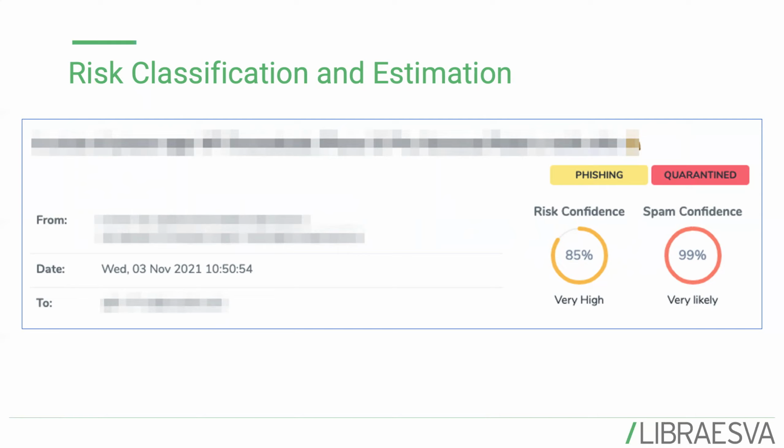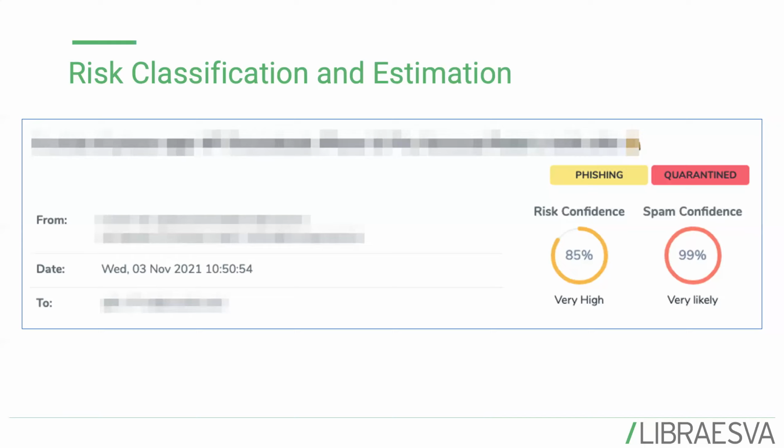Now we've decided to express the risk and spam confidence as a percentage of how risky the message is or how likely it is to be spam. In this example, instead of classifying messages primarily as not spam, spam, or high spam, we are now using a new feature called indicators to show what type of threat or classification the email might be.